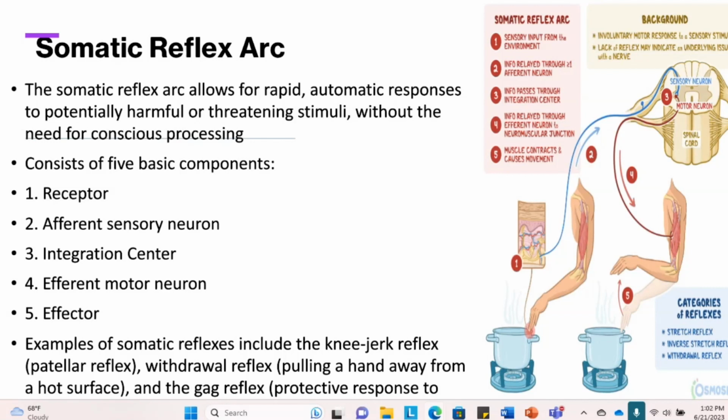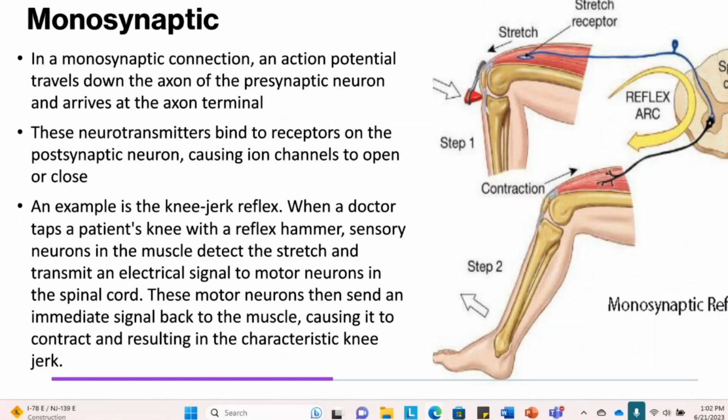And when we talk about monosynaptic and polysynaptic, it has to do with the number of synapses or the number of connections between neurons. Monosynaptic will be only one synapse.